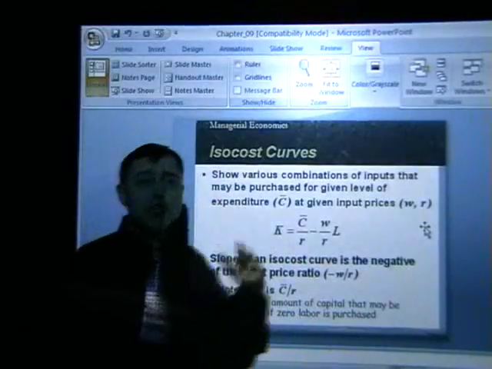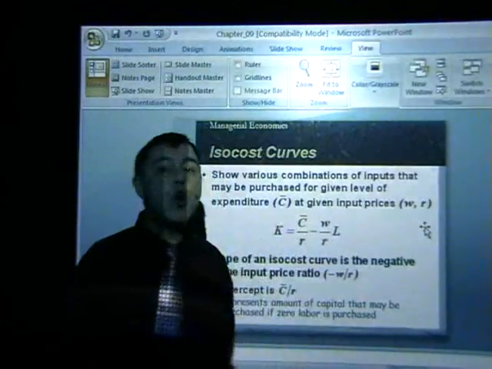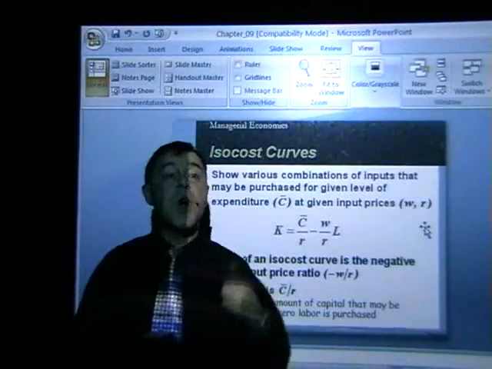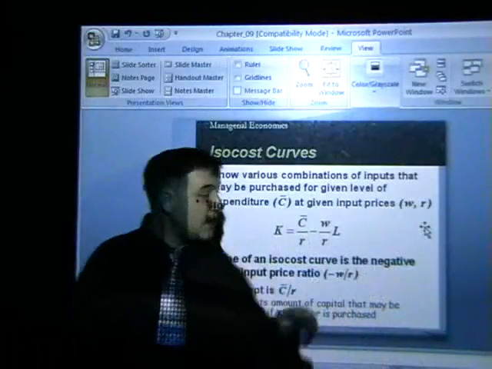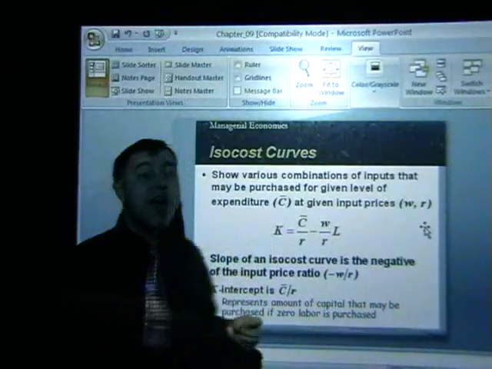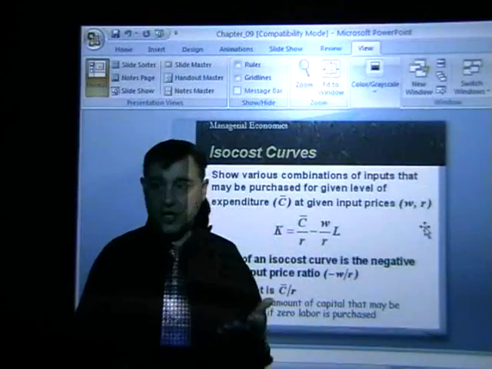So the isocost curve, the interpretation is how you can trade off inputs on the market. The first one, the isoquant curve, tells you how you can trade off inputs technologically.